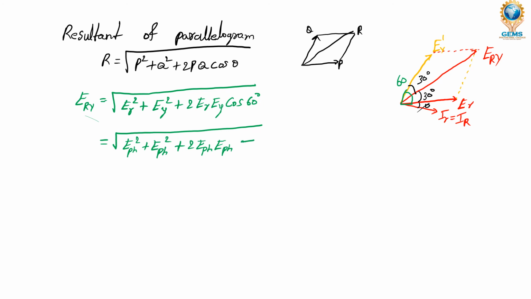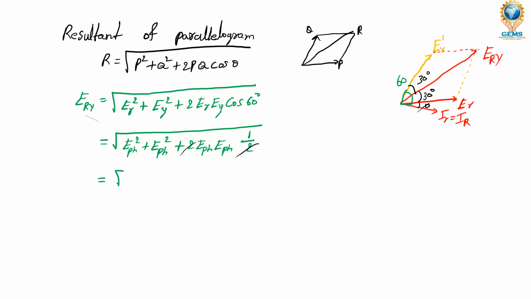What is the value of cos 60? 1 by 2. Then here this 2 will get cancelled. Now we have E phase into E phase, it will come E phase square.